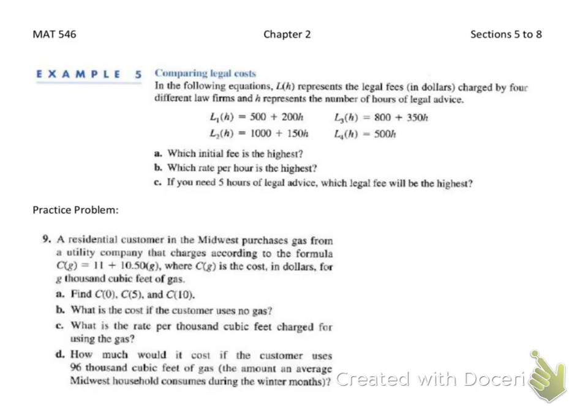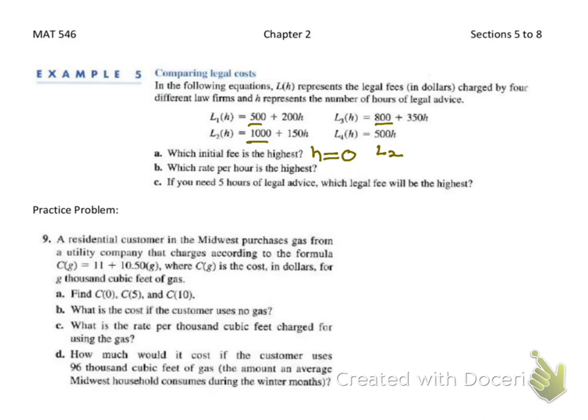The initial fee is what you pay before you walk in the door, so it happens when your hours are 0. We see that we have 500 here, 800 here, 0 here, and 1,000 here. So the highest one is found in equation L2.